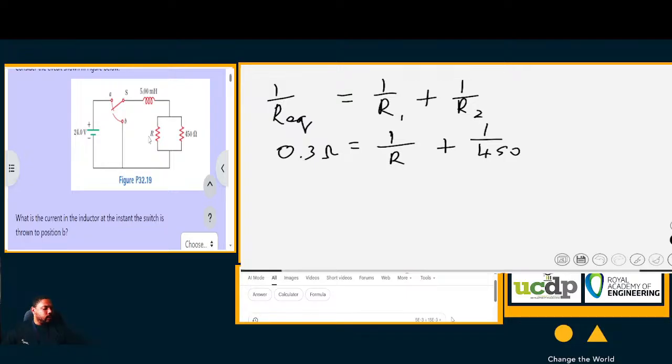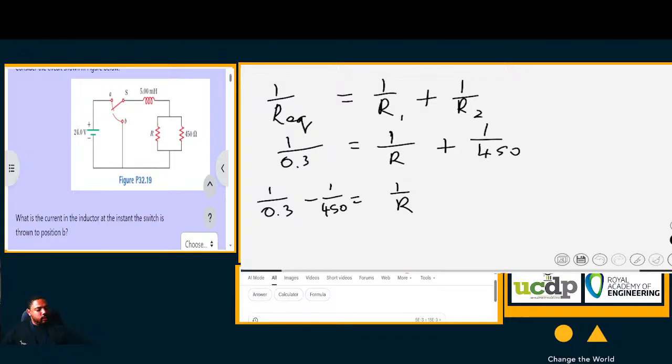So 1 over Req should be 1 over 0.3, and 1 over 0.3, that's 10 over 3, minus 1 over 450 will give us 1 over R.